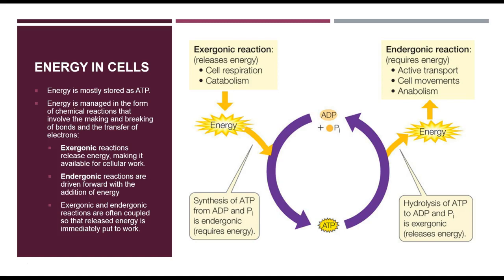We manage energy within the cells through chemical reactions that involve making bonds and breaking bonds, and the transfer of electrons from one substance to another. So an exergonic reaction is a reaction where energy is released, and that energy then becomes available for cells to do work, to perform their normal functions, okay?